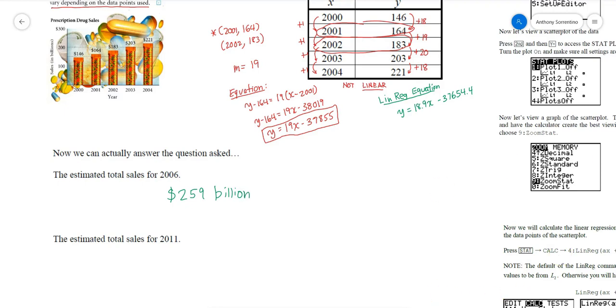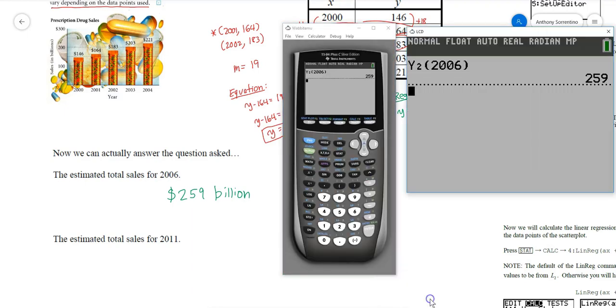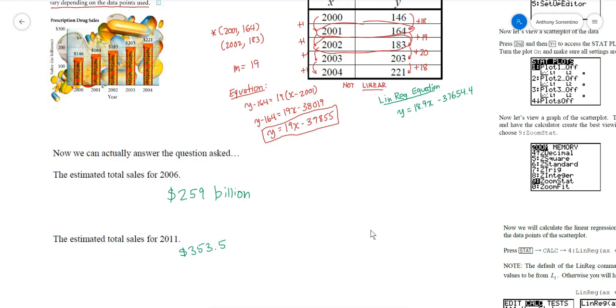Likewise, I can do the same thing, except now put in the 11, and I get 353.5 billion. And that's in billions of dollars again. Granted, I could have also used the first one I came up with, because it's not that far off again.